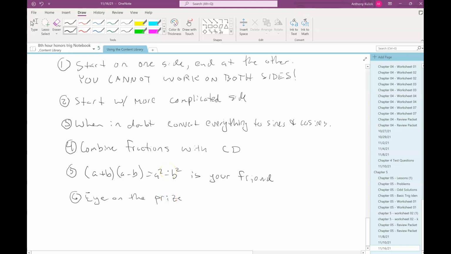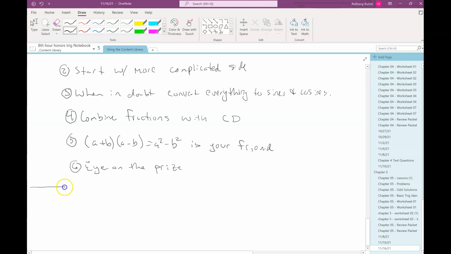When deciding what identities to use, keep your eye on the prize. Think about what it is that you're trying to end up with and try to keep moving towards that rather than just anything you can do. Think about really what you should be doing. Okay? So we'll do a couple of examples of these, and then we'll be done for today.